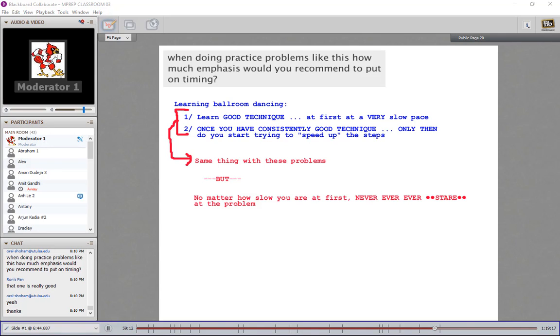If you are just getting used to some idea and you are slow at it, that's fine as long as you are actually getting somewhere and thinking through something specific. But as soon as you get to the point where you're honestly just stuck and taking random stabs at things, you stop. So at the end of the day, it depends on what you mean when you say thinking about timing.